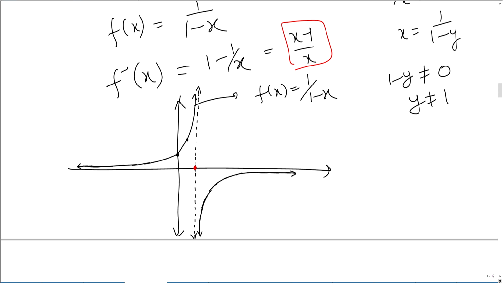And what would be the value at... but this graph would not be defined here. So let me just draw a dotted line at y equals to 1. Okay, so it is defined here.